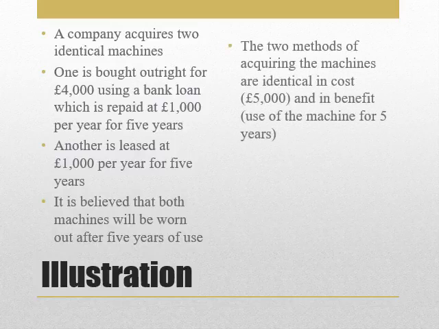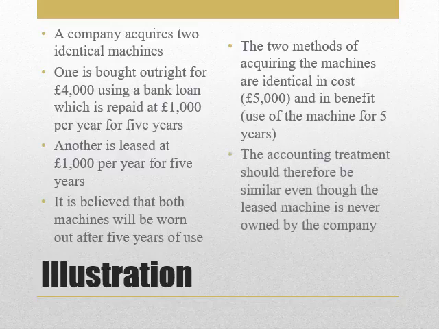Well, let's face it, the two methods are identical in cost. So both will cost £5,000 to the company over the 5 years, and it's the same in benefit because both under the purchase and under the lease agreement, the company will be able to use that machine for its useful life of 5 years.